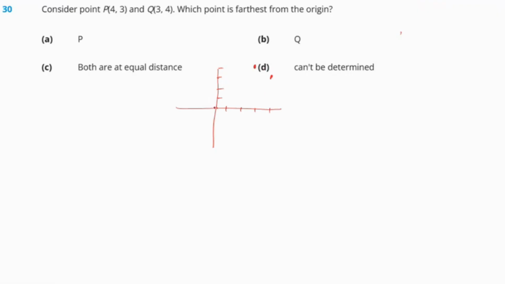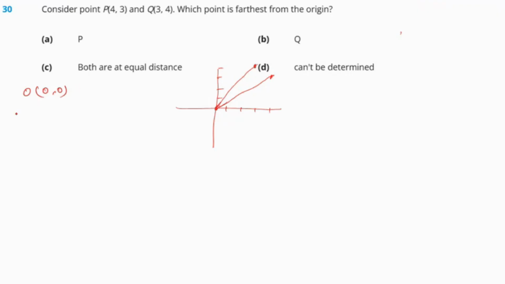So this point is the origin only. We need to figure out the distance from the origin to this point and to this point, then say which point is farthest. Let's take the point O as (0, 0).